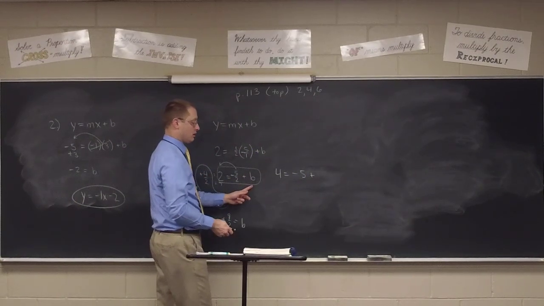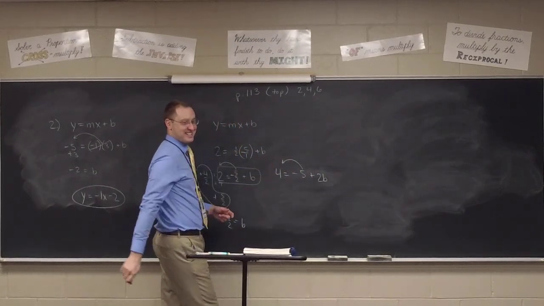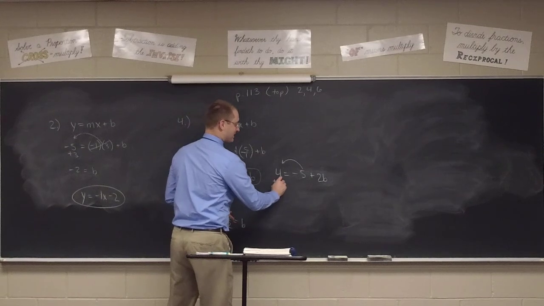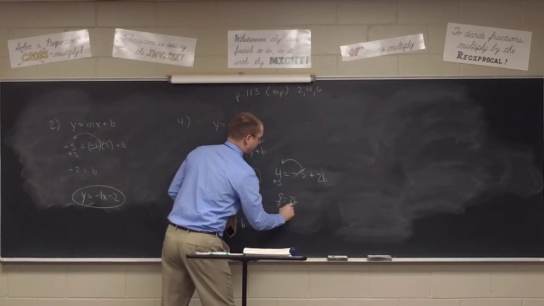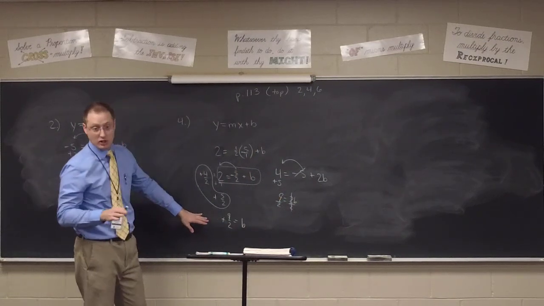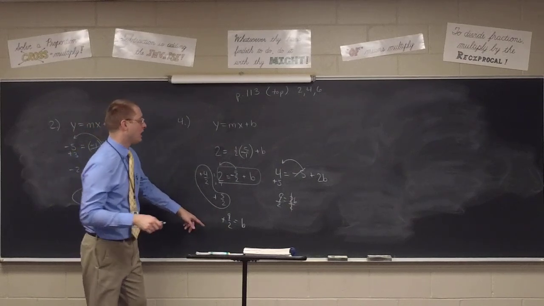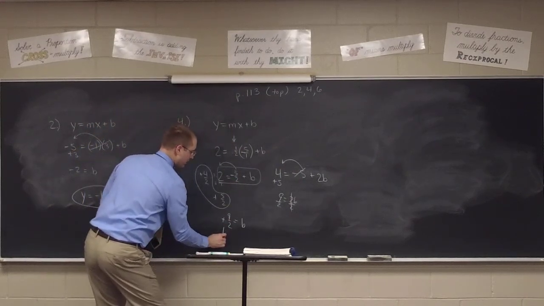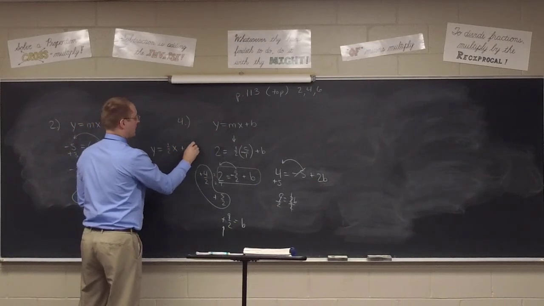And then we're going to move the -5 over as a +5 to get 9 equals 2b. And when you divide away the 2, there's your 9/2. Does that make sense? Since I'm not actually graphing this, I don't care about 4.5. I'm going to leave 9/2. There's my m, there's my b. y equals 1/2x + 9/2.